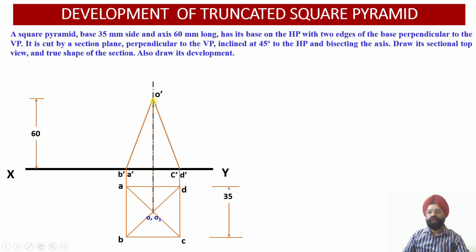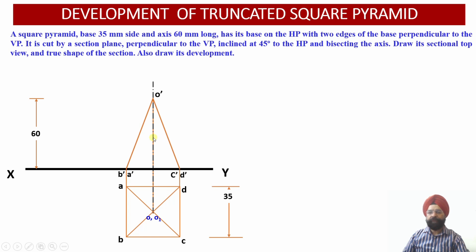So they are going to supersede the dotted line projections corresponding to O dash D dash. So at both of these places we are going to get solid line projections corresponding to O dash B dash and O dash C dash, which overlap the projections corresponding to O dash A dash and O dash D dash respectively.